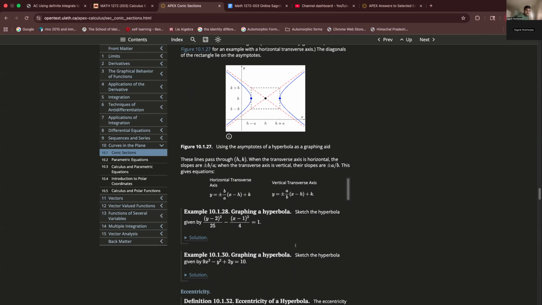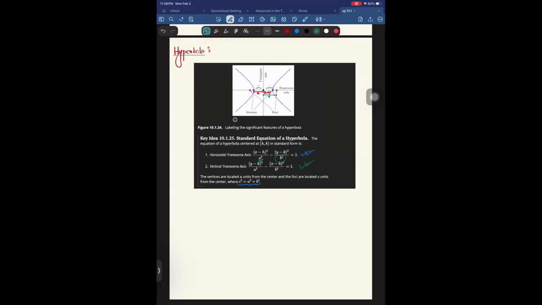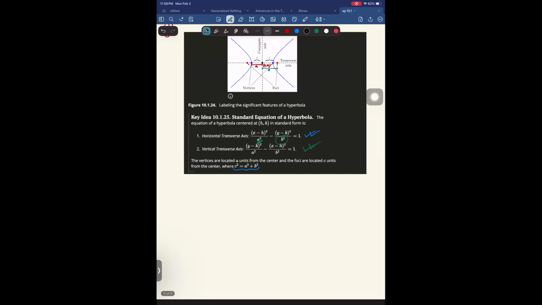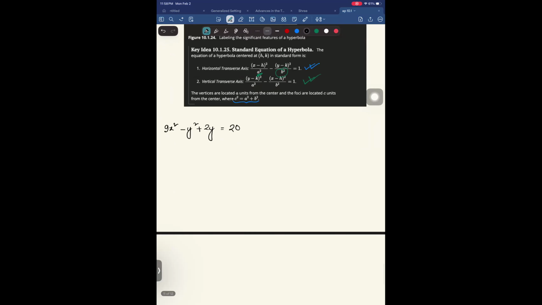For example, look at this question. I give you the following equation: 9x squared minus y squared plus 2y equals 20. Find the equation of the hyperbola. So again, you complete the squares. How do you do it?